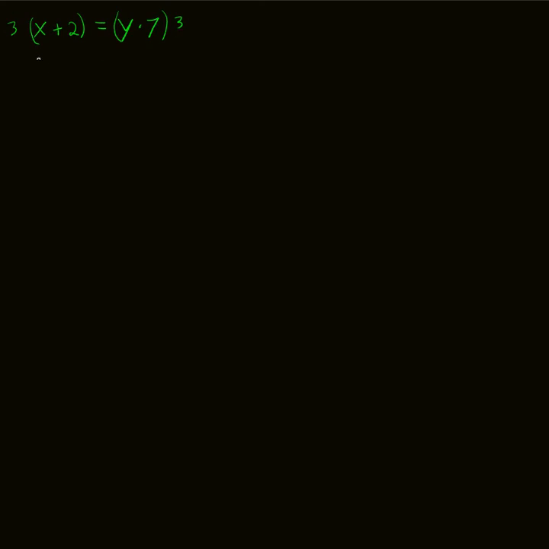And really, the big thing that will be seen a lot with this is if you do something to one side of an equation, you have to do the exact same thing to the other side of the equation. So if you multiply one side of the equation by 3, you've got to multiply the other side by 3, and that will keep the equation true. It will not mess with the value of the equation. You'll get an equivalent equation as long as whatever you do to one side, you do to the other.